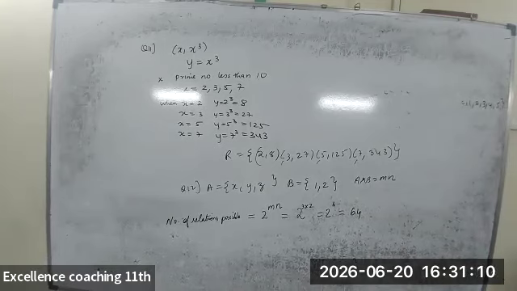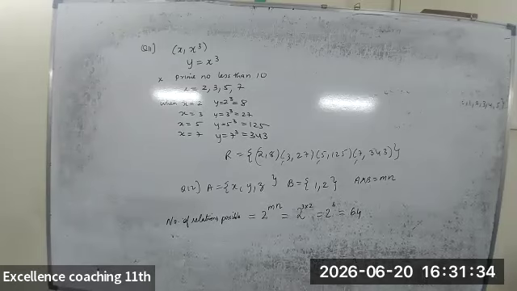Okay. Then the 13th one: let R be defined on Z as R is given as (a, b), where a, b belongs to Z. Z means what? Integers. And then a minus b is an integer.